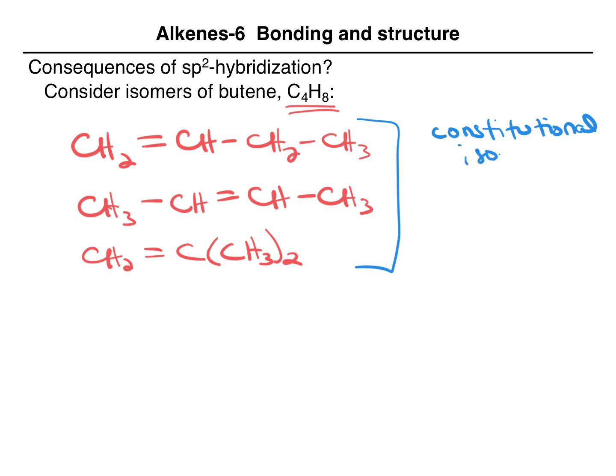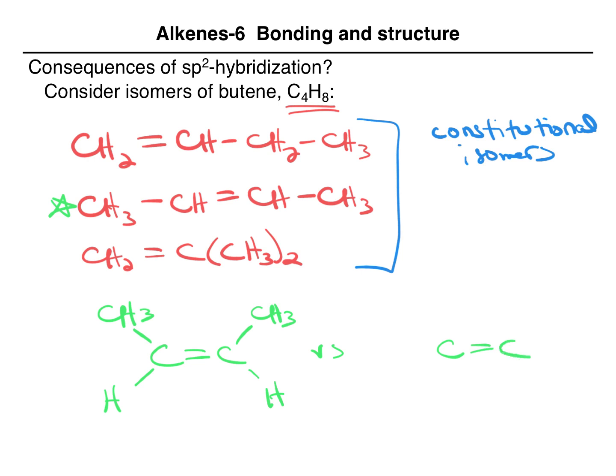They have different connectivity. But we need to be a little bit more specific when we talk about this alkene, because if we draw our alkene, the carbon on the left is connected to a methyl group and a hydrogen. The carbon on the right is connected to a methyl group and a hydrogen.